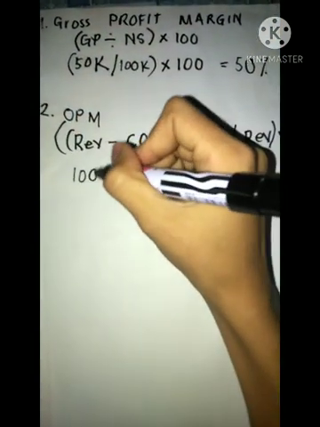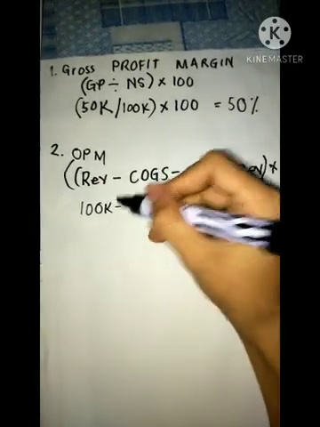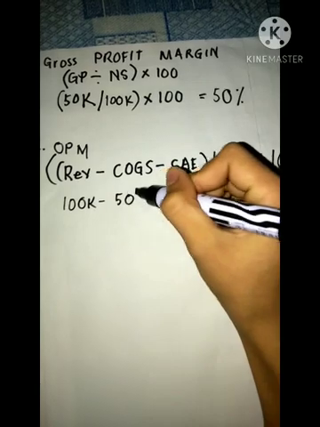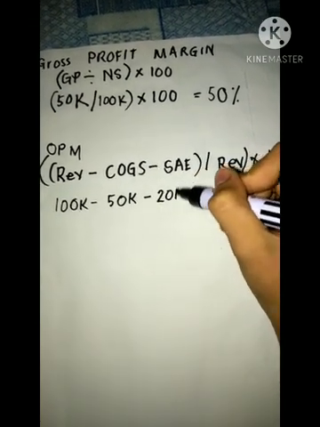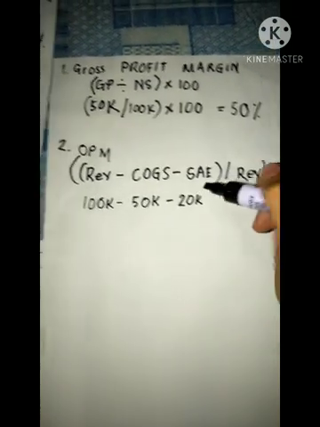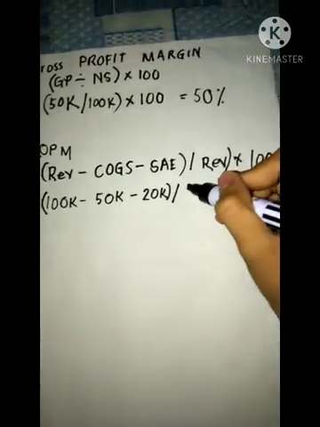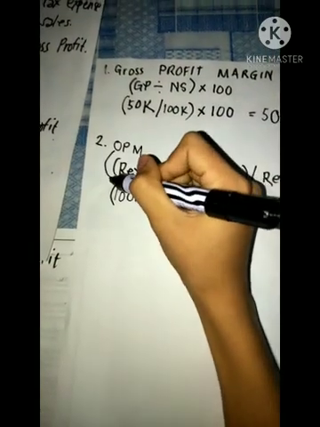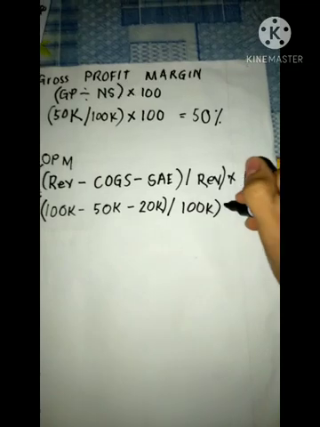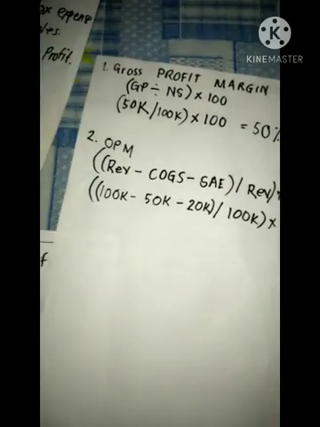Ayan. 100,000 minus 50,000 cost of goods sold minus 20,000 salaries and administrative expenses. Okay? Divided by 100,000. Your answer would be multiplied by 100. Okay?